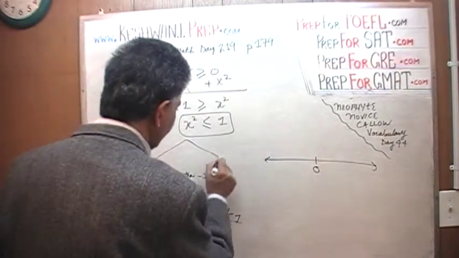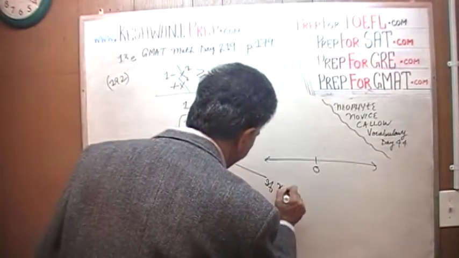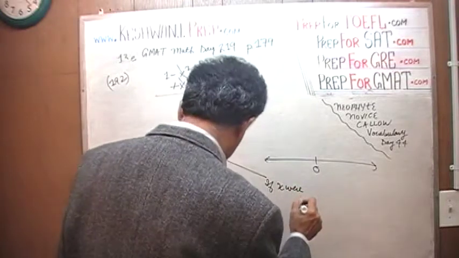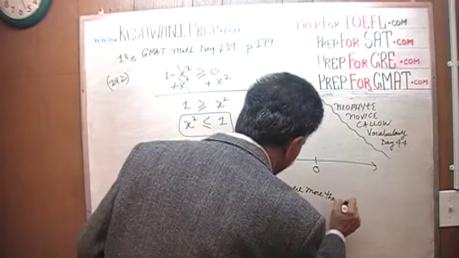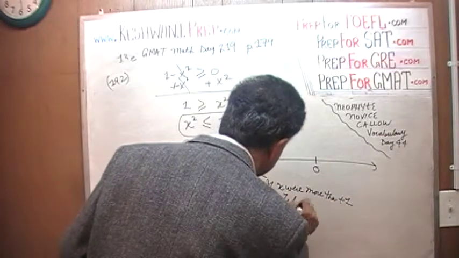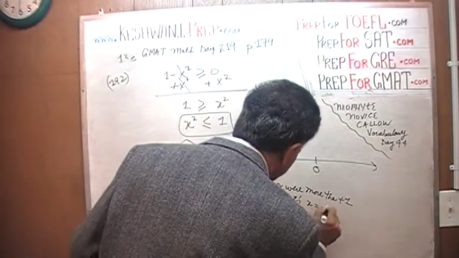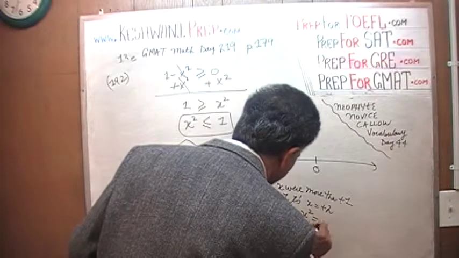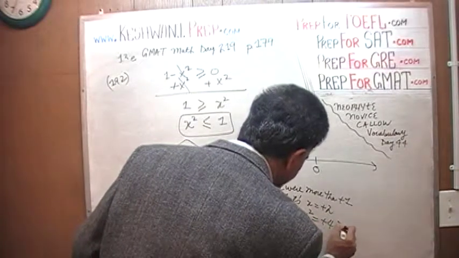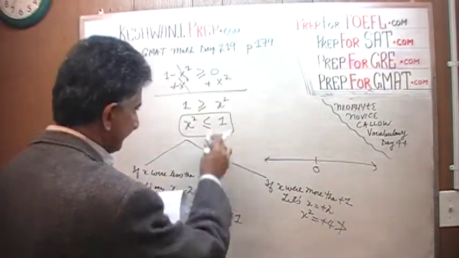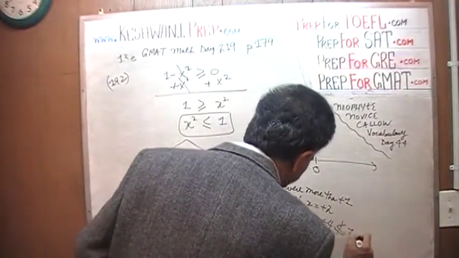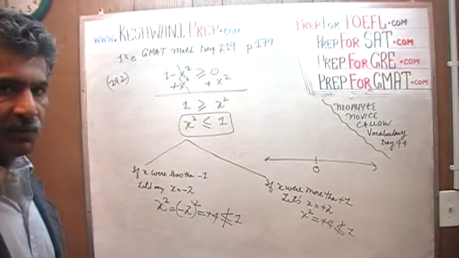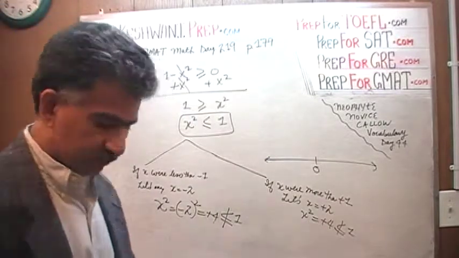Similarly, if x were more than positive 1, let's say x is equal to positive 2, then x squared again would be positive 4, which is not less than or equal to 1.